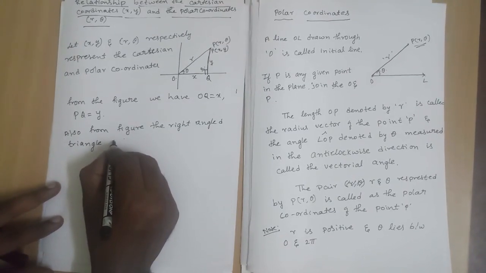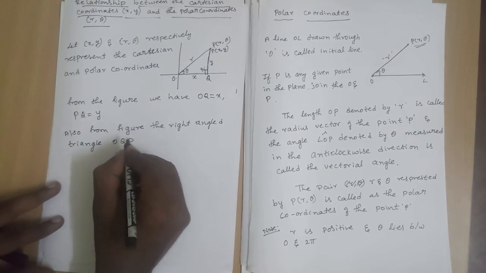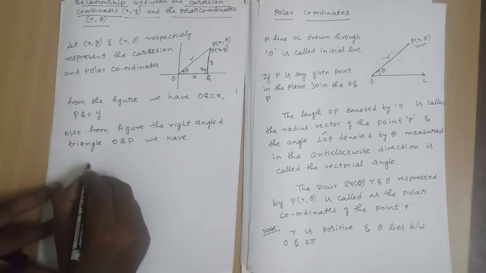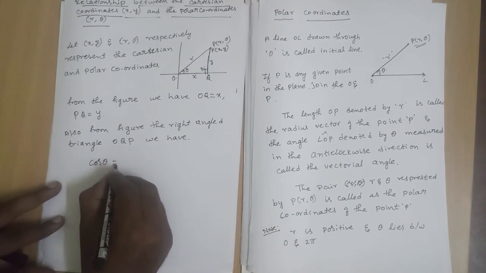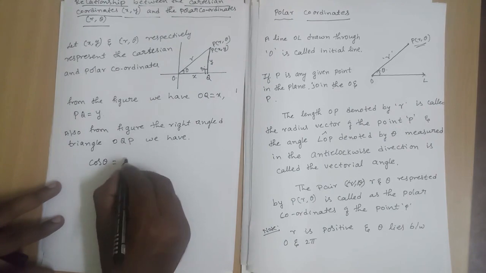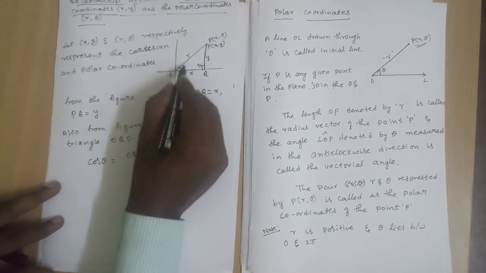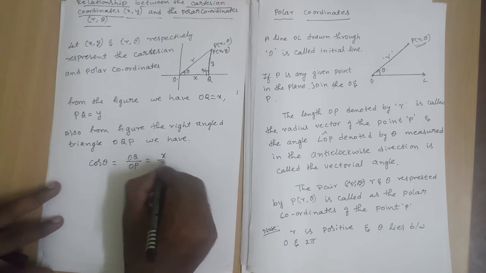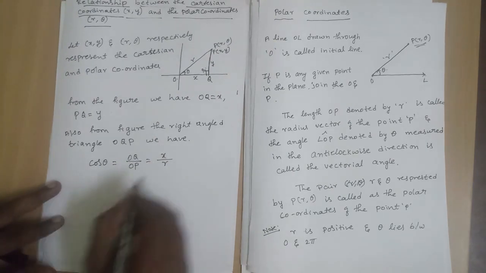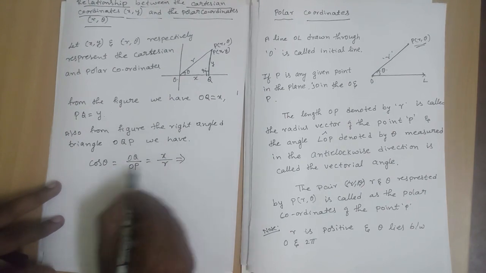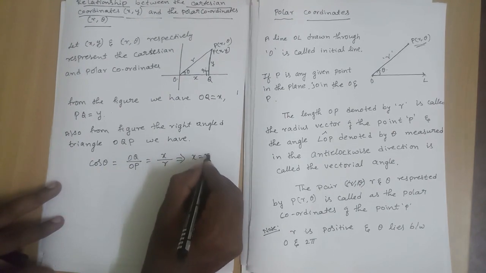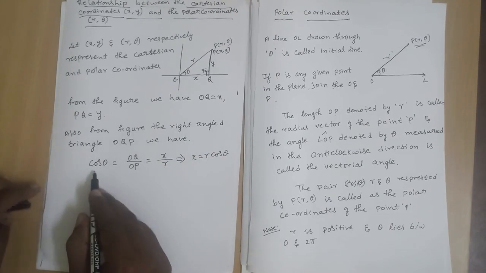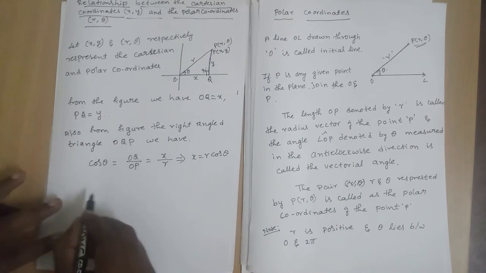In triangle OQP we have cos theta equals OQ divided by OP, that is x by r. So this implies x is equal to r cos theta.